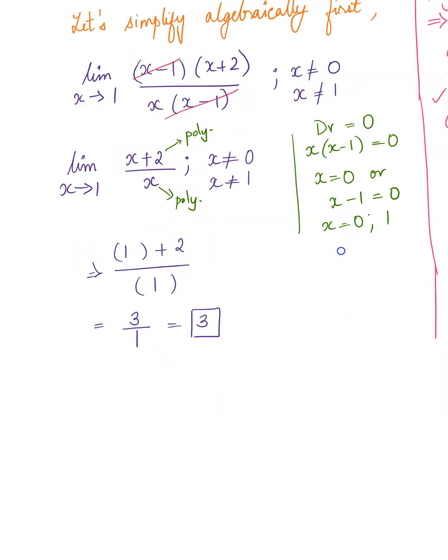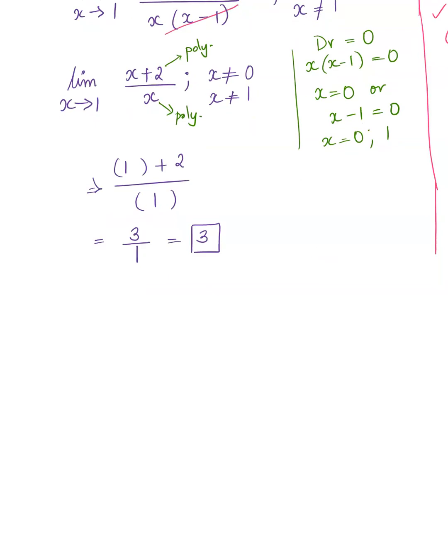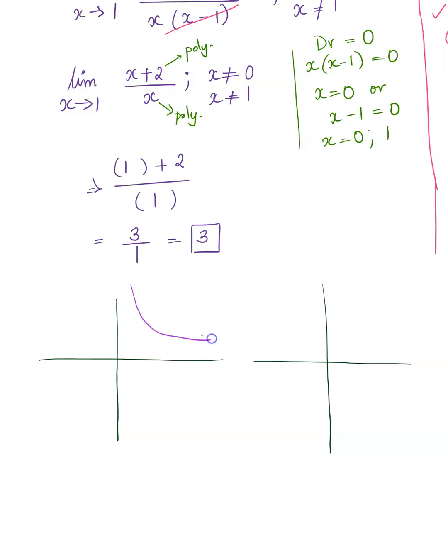Okay. So let me describe this here using a graph because this was a nice, interesting problem. Now what happens is the graph actually looks like this. So I'll give you the coordinates where it marks like that.